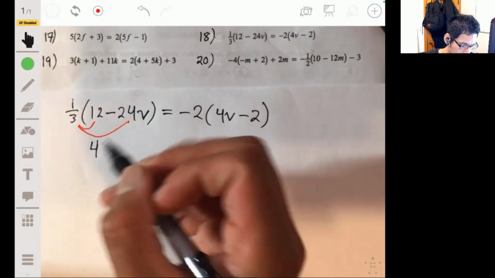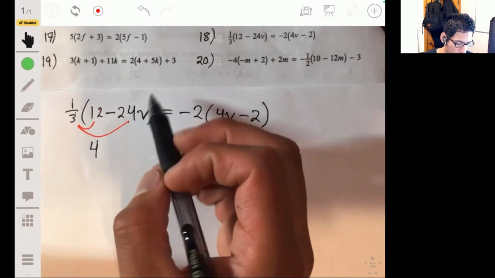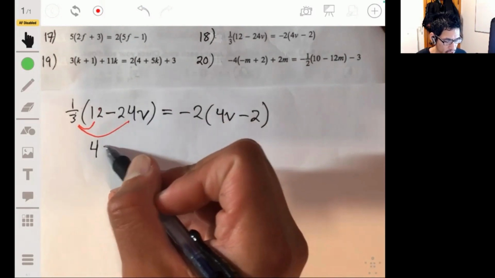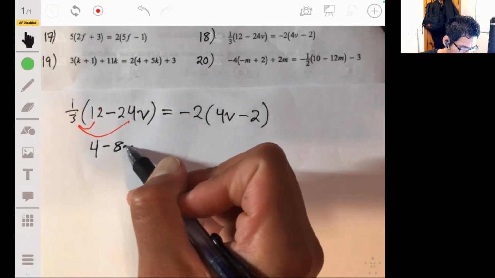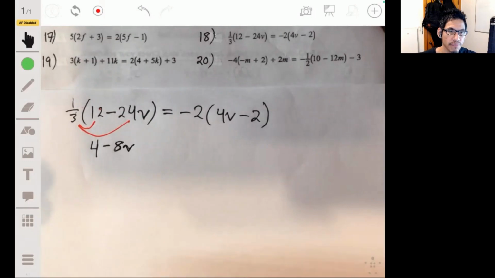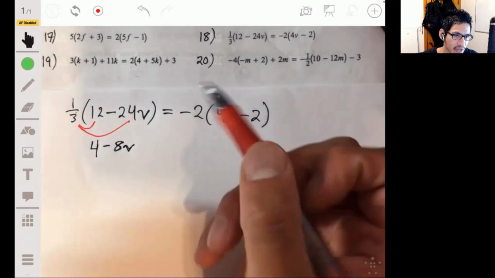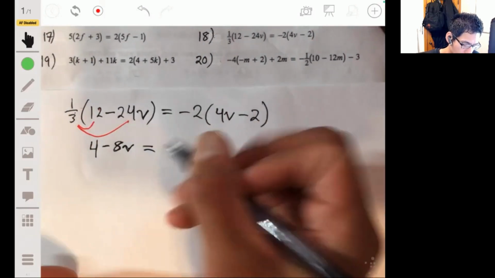All right, 4. 1/3 of negative 24, well, it's obviously negative 8v. That's right. So again, you could do the fancy fraction multiplication, or just think, 24 divided by 3. Okay, now moving into the other side.